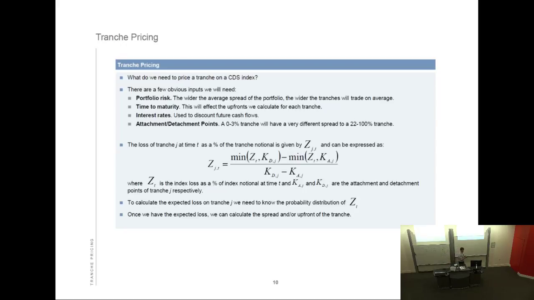So the formula you see there, it's just a fancy way of mathematically expressing the simple fact that a tranche incurs no losses up until its attachment point, and then it goes linearly all the way up to 100% where it's wiped out.